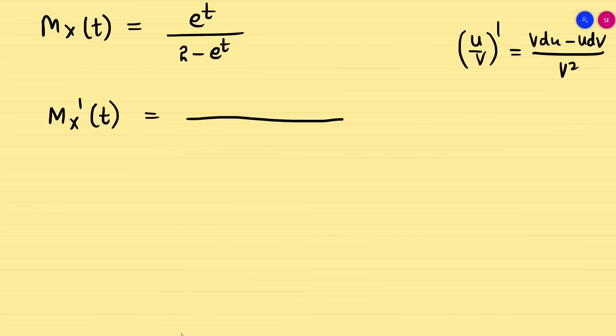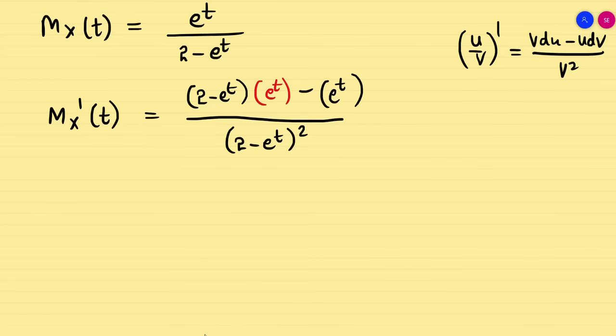Yeah, it's obvious. So 2 minus e power t whole square here, 2 minus e power t is v, du, differentiation of e power t is e power t. Then I keep e power t, and when I differentiate the denominator, the derivative of 2 is 0, and of minus e power t is minus e power t. That's it, guys.